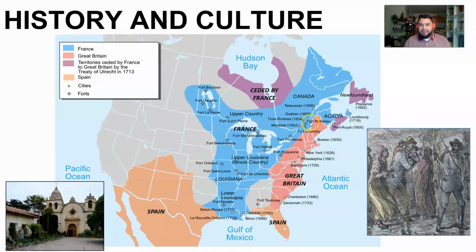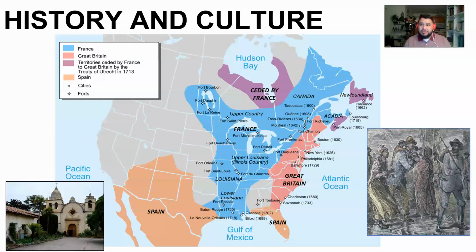The 13 colonies that were part of Great Britain coexist within a broader settlement and colonization by the French Empire, but also the Spanish Empire. The French Empire is going to leave its cultural and political mark on Canada, especially in the region of Quebec, where today the cities of Montreal and Quebec City are two of the largest French-speaking cities in the world.